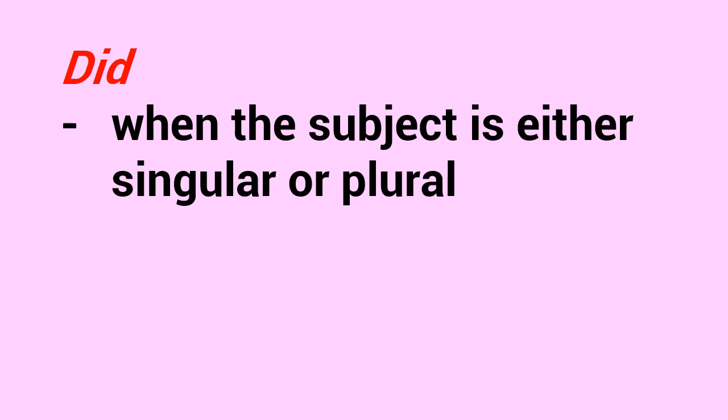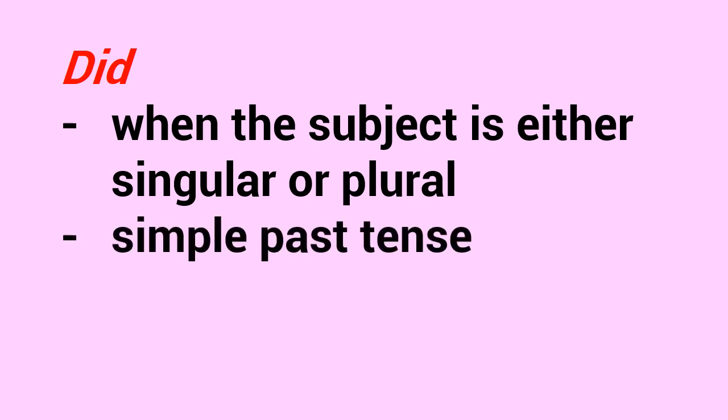Did is used when the subject is either singular or plural. There is no problem as to the number of the subject when we use the word did. However, it is used in the simple past tense, meaning the action was already done.